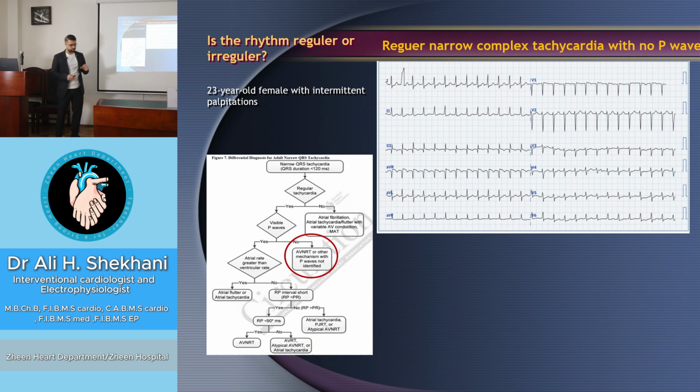Because in AVNRT, the circuit is in the AV node, so the atrium and ventricle simultaneously depolarize. So there is what we call P on R phenomenon, the same contraction at the same time. That's why you can't see the P wave clearly.